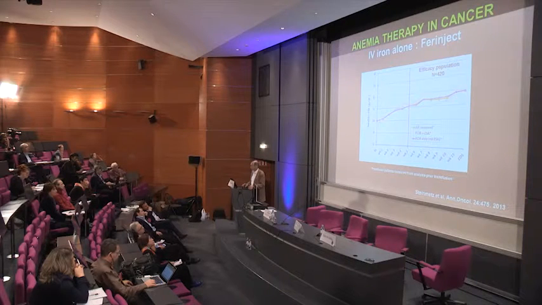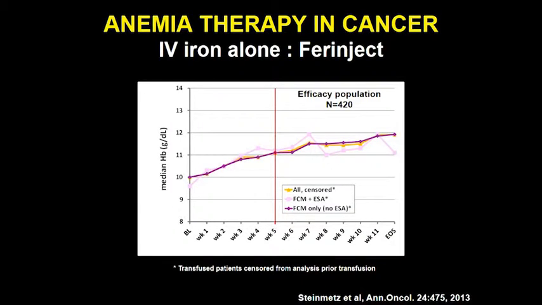So it seems that you have a sharper slope, and you see that we reduce the dose when we meet the target, and responses with IV iron seem to be comparable, maybe a little bit better than with EPO, but we need to be careful.